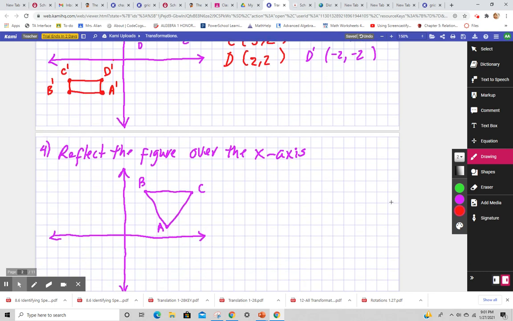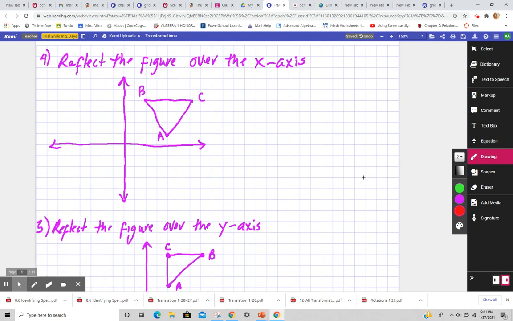All right, let's look at number 4. Reflect the figure over the x-axis. So this is the x-axis right here. A is 1 unit away from the x-axis. I'll go over to the other side 1 unit away and plot A prime. B is 1, 2, 3, 4 units away from the x-axis, above the x-axis. So go 4 units below.